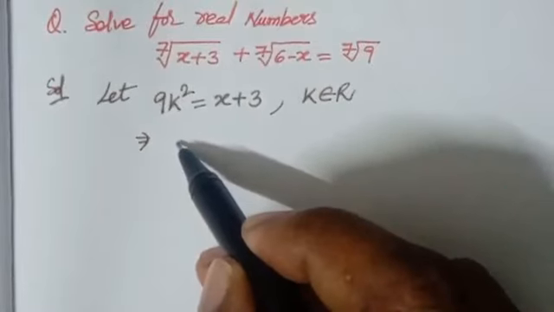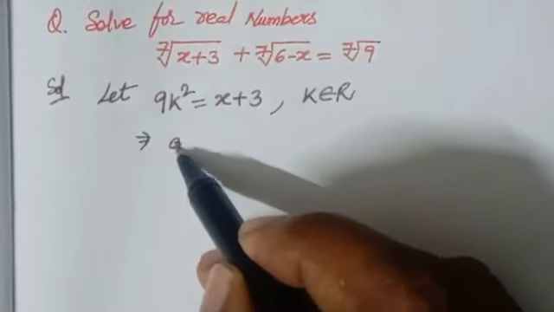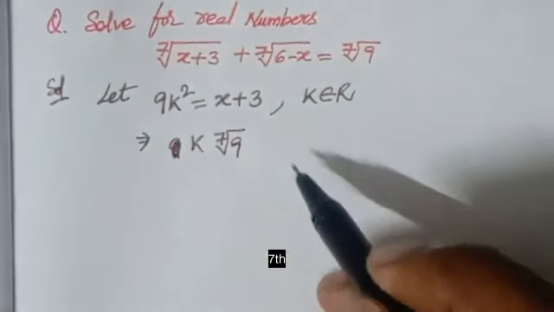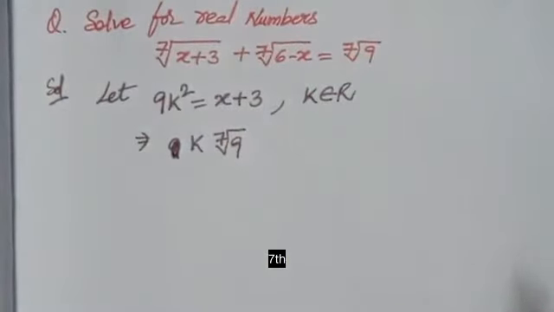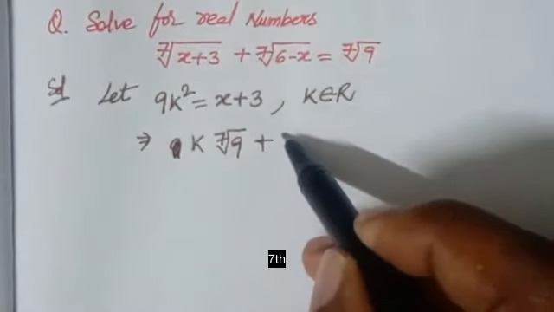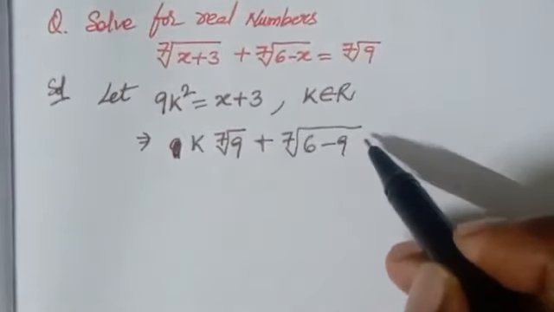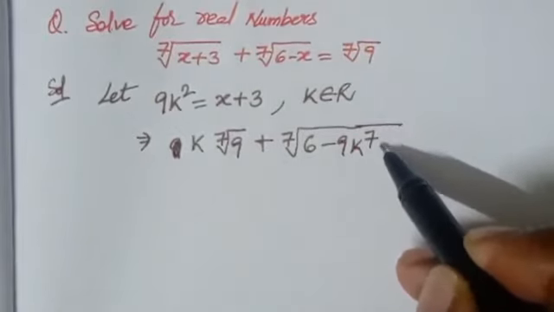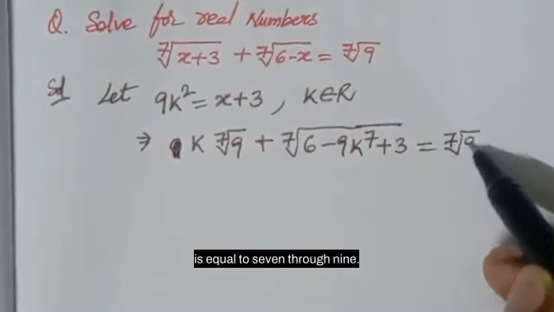9 into k into the seventh root of 9, plus the seventh root of 6 minus 9k to the power of 7 plus 3, is equal to the seventh root of 9.